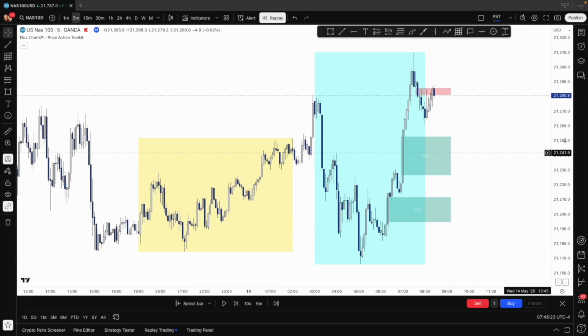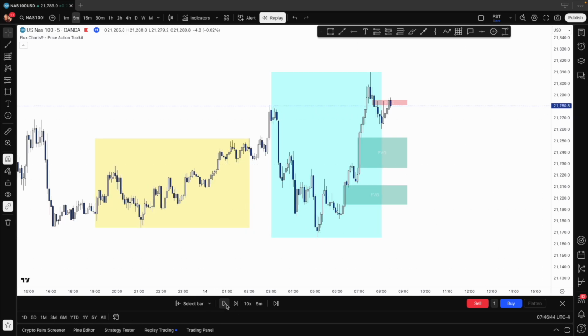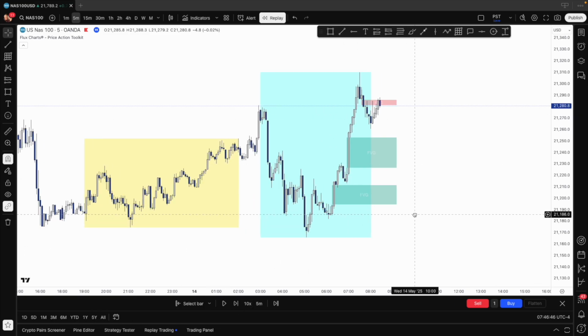All right, so this is a tricky one. We had an Asia sweep in London right over here, and we had another Asia sweep in London. So let's see what happens. Again, this is a no trading day. You only want one side to be taken. So let's play price forward and see what happens.